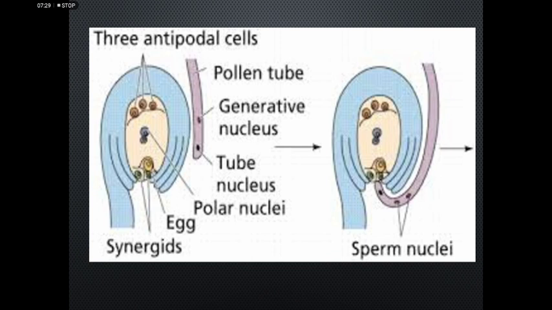Here we can see three antipodal cells. In the first figure, the tube nucleus and the generative nucleus come in contact with the micropylar end, and in the second figure this generative nucleus splits into sperm nuclei or male gametes, and the tube nucleus bursts one of the synergids and gives way for the entering of these two male gametes into the embryo sac, so that these two male gametes now reach the embryo sac.